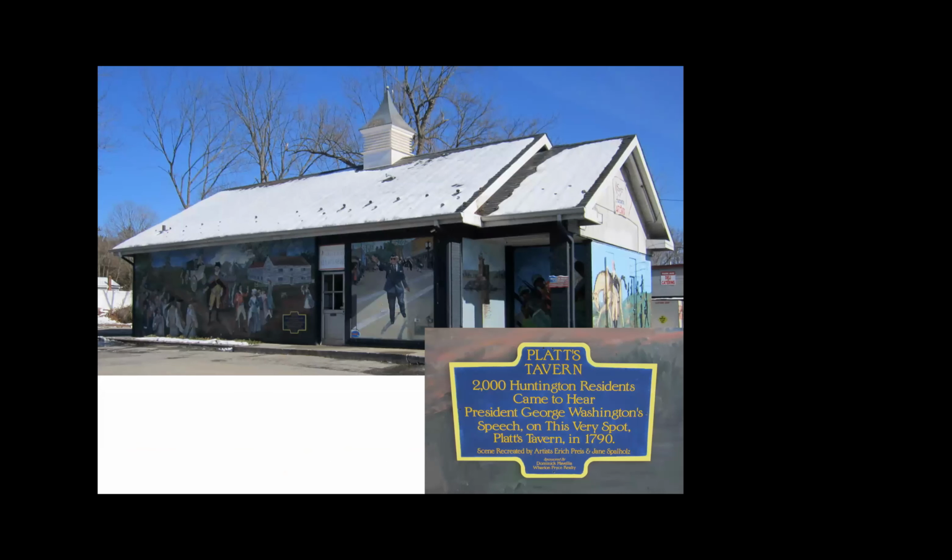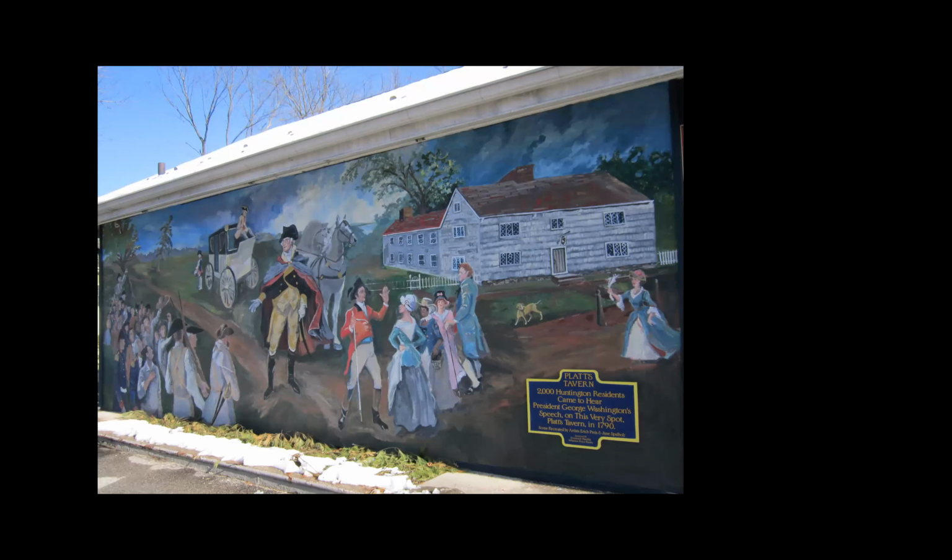Thanks, yeah. And of course, then it was bought by a developer who intends to do something different with the property. This is when it was vacant as a gas station. He had an artist come in and commemorate the visit of Washington in 1790. That mural has since been moved to the old South Huntington Library there on Depot Road, and Depot and Melville Road, I guess it's called.